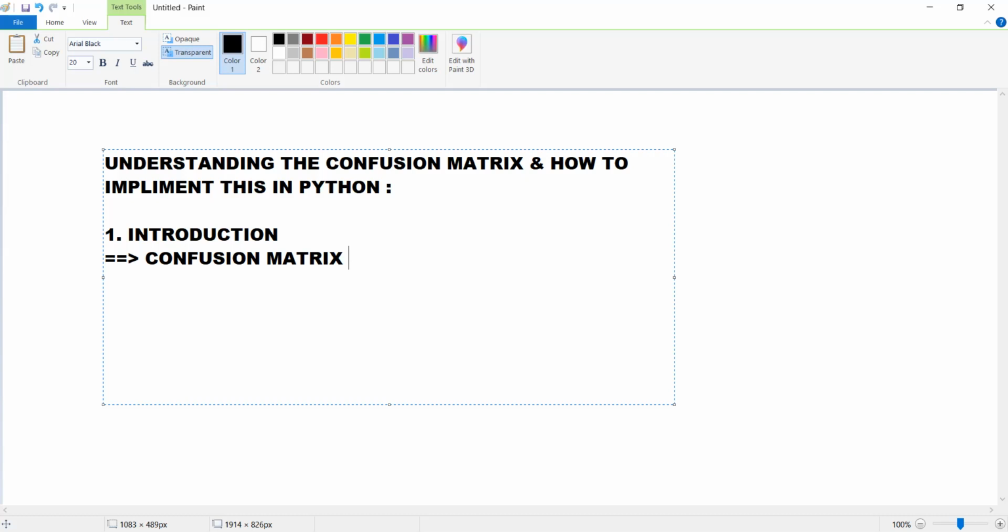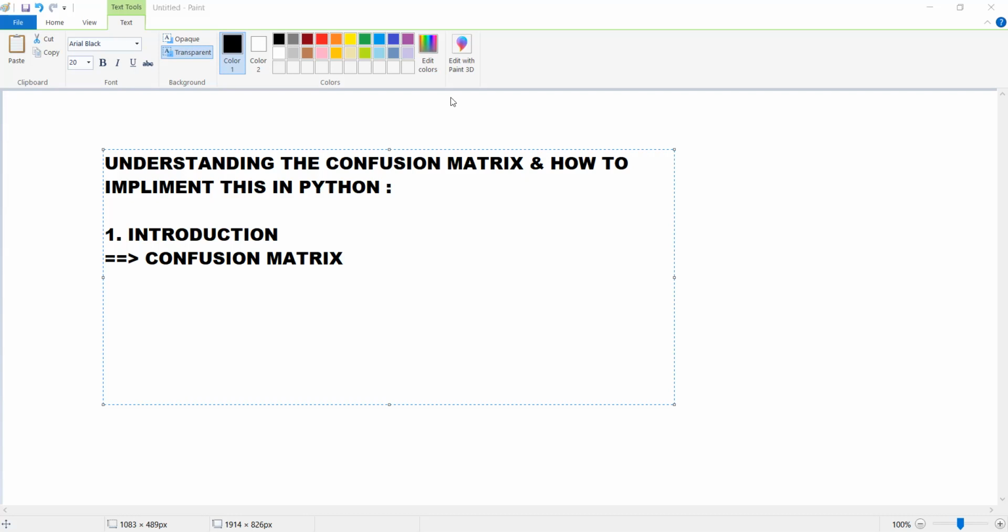Confusion matrix is actually confusing. It will confuse you sometimes. But when you look at the predicted values and the actual values, you will understand what is positive, what is negative, what is true positive, what is true negative, what is false positive, what is false negative. So those things are really important.